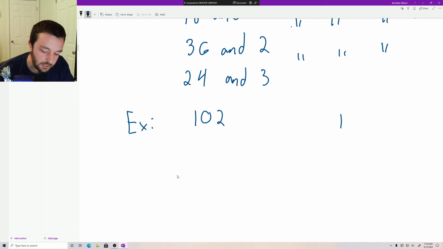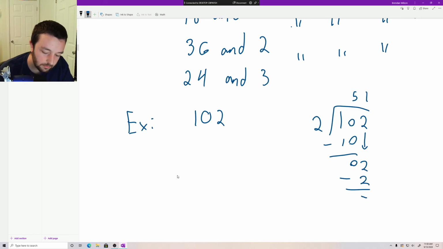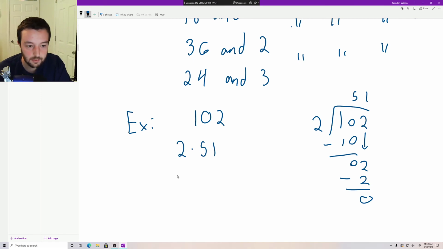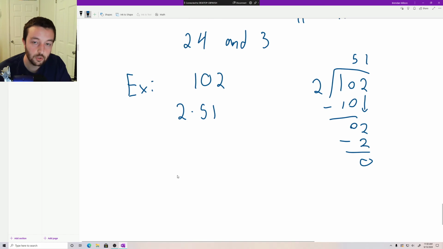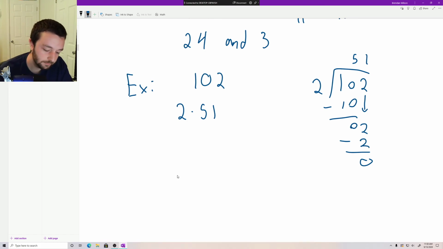We know 102 is divisible by 2, so we can divide it by 2 using long division and see what we get, right? So we get 51. So 2 times 51 is 102. So 2 and 51 are factors.